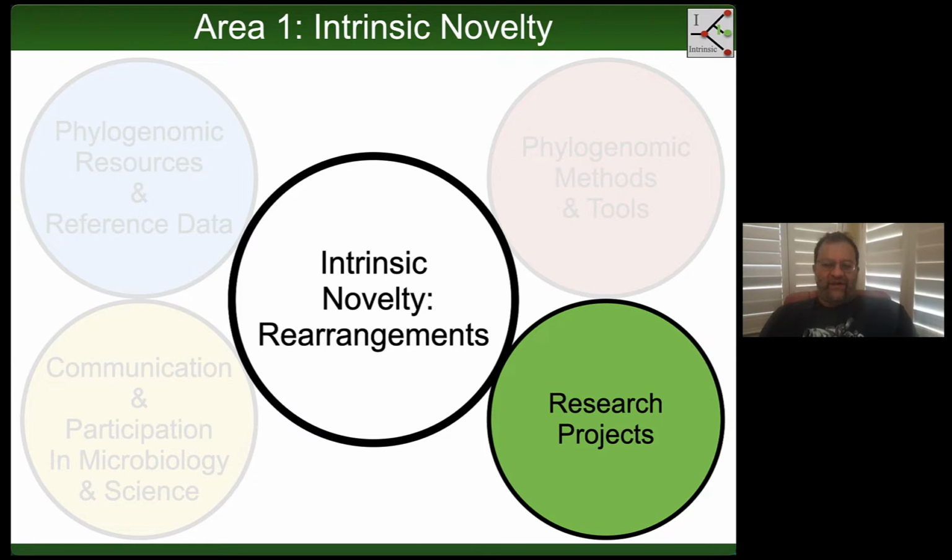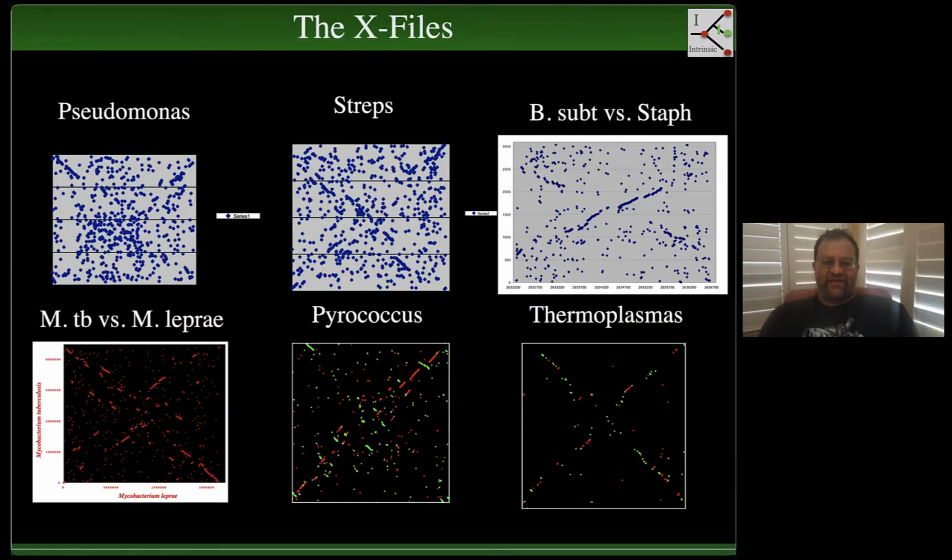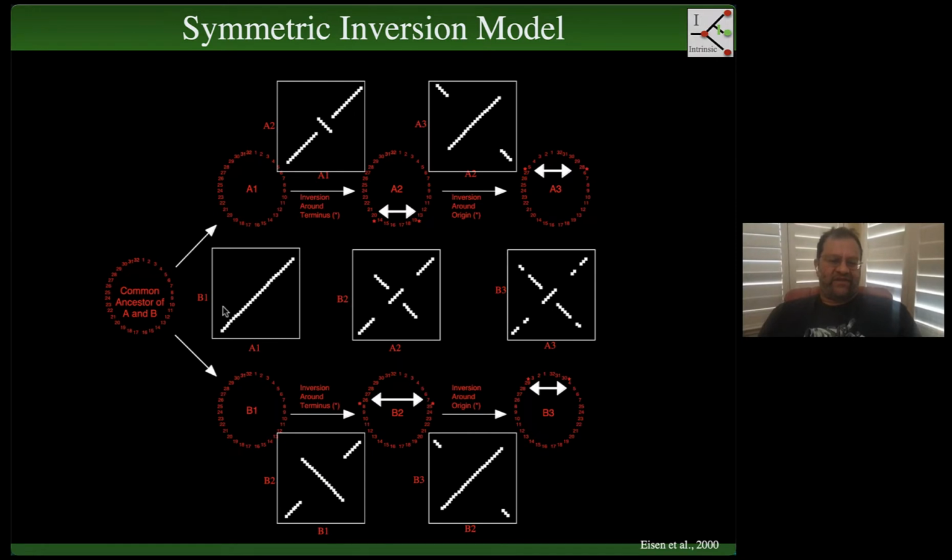Another research area that I've worked on in terms of intrinsic novelty is chromosome rearrangements. We did a lot of work when the first genome sequences were coming out, looking at patterns of conserved gene order between taxa and noticed some interesting patterns. And in particular, the thing that we noticed was that one of the most common forms of chromosome rearrangement in bacteria and archaea were inversions that occurred symmetric about the origin of replication.